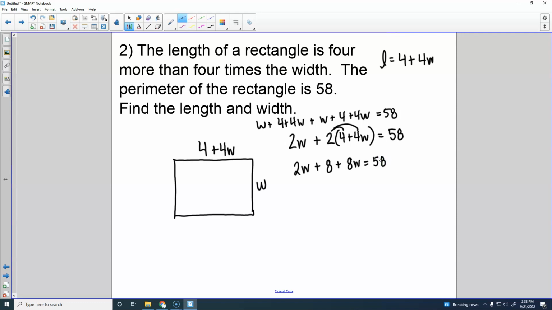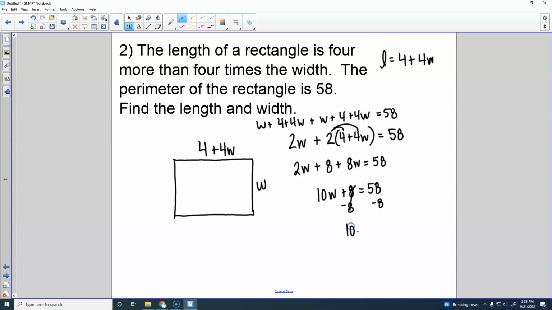Okay. Anna Grace, what would I do after I've distributed there? Very good. So that gives me 10W plus 8 equals 58. Alright, Lexi, what comes after that? Minus 8.